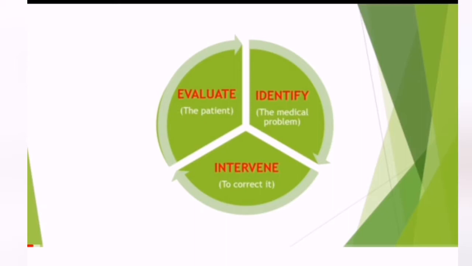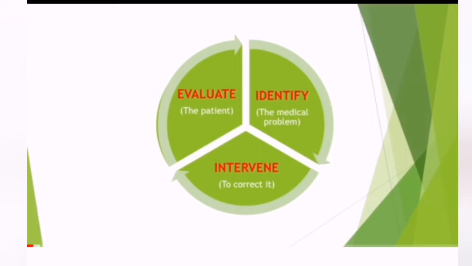If it is open and patent, we have to give oxygen by non-rebreather mask if the patient is breathing. If the patient is not breathing or has shallow breath, immediately we have to start positive pressure ventilation and bagging.